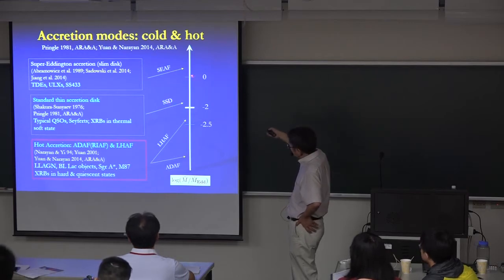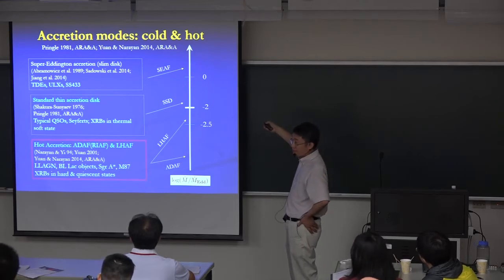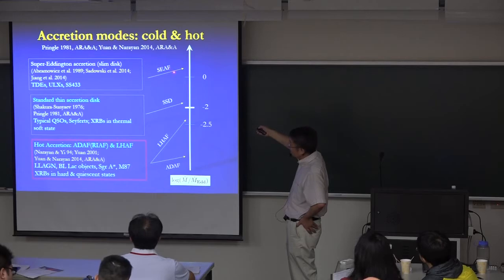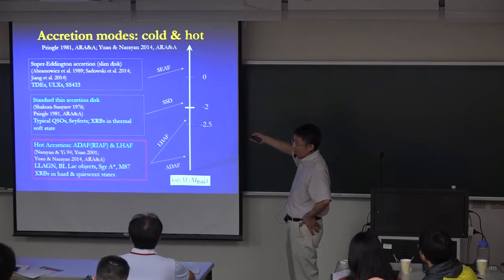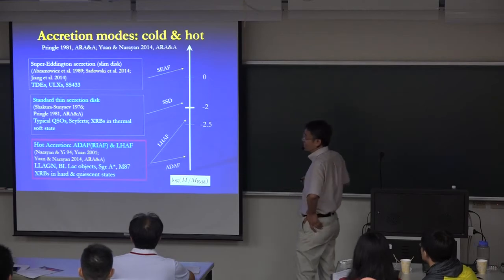If the accretion rate is even higher, higher than the Eddington accretion rate, we will have super-Eddington accretion flow. Sometimes people call it a slim disk. The first paper in this field was written in this year. By the way, this scientist is my advisor's advisor.